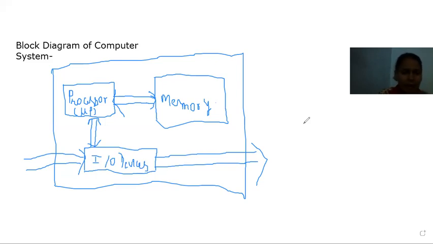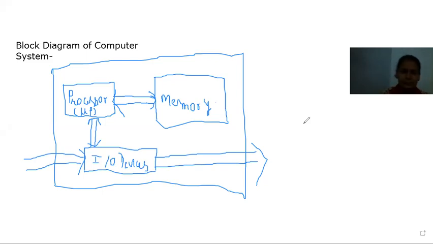Suppose we type from the keyboard A equals to B plus C, but A equals to B plus C directly can't store in the memory, because in the memory the storage will be in the form of 0 and 1. So first of all, we have to convert A equals to B plus C in the form of zeros and ones.